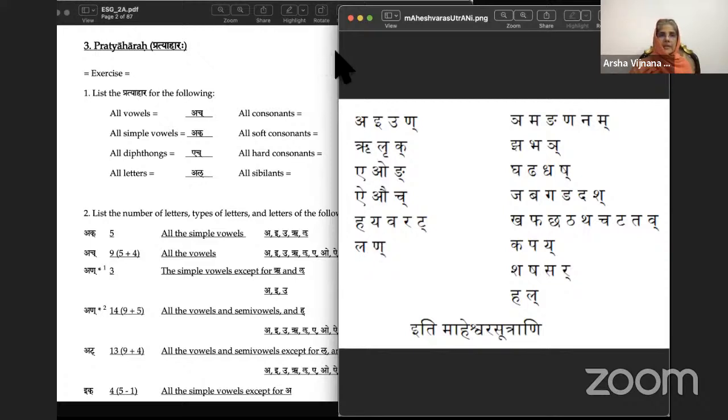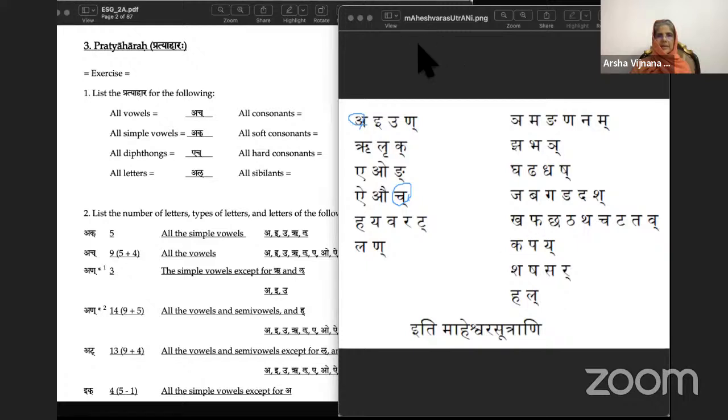All vowels, Ach. Okay, let's look at ach here. So, where is cha? Fourth row. I, ouch. Right here. Ach, first line to fourth line. Okay. Then, if you want only simple vowels, Ak.